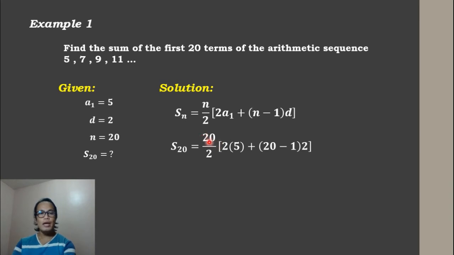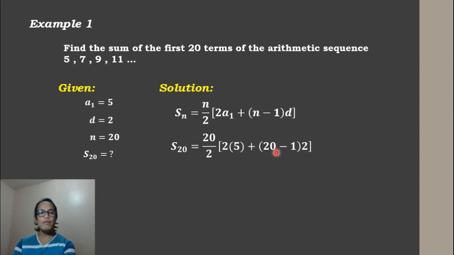Then our n is 20. We copy over 2 times. Then our first term is 5, it's given, so we write 5 here instead of a sub 1. Then we copy plus. Our n is 20. We copy minus. Then of course our common difference is 2, so we write here 2.